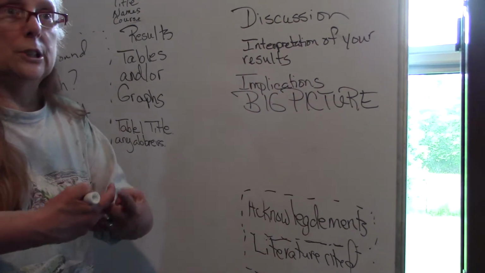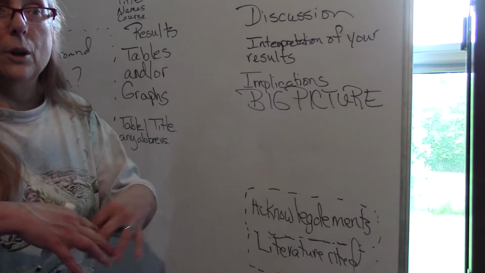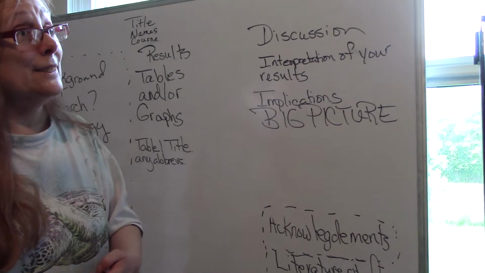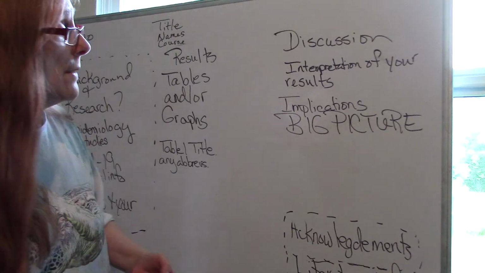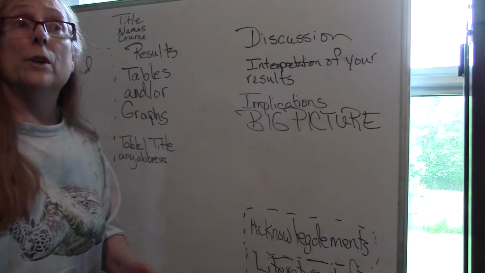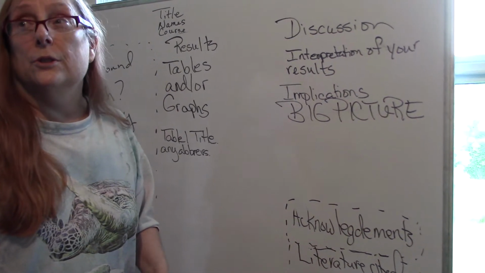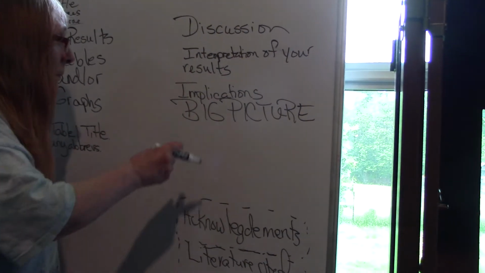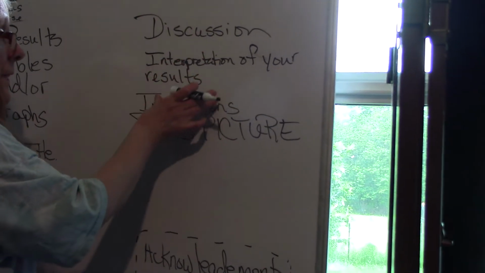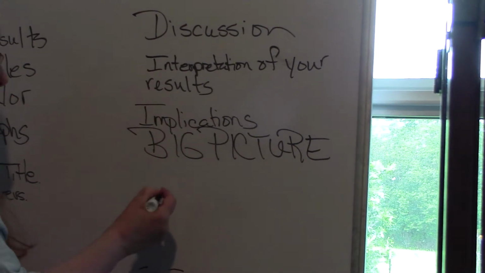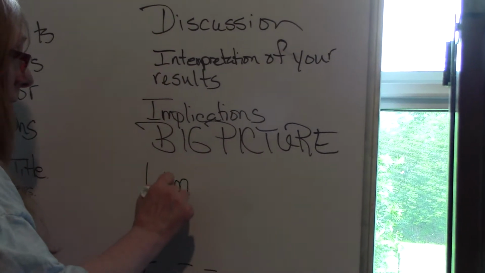And then states have ordered opening up, and like I said, there have been all these protests where you have all these people together. And one of the fears is this is going to cause a spike in cases. Okay, but anyway, interpretation, implications, and limitations.